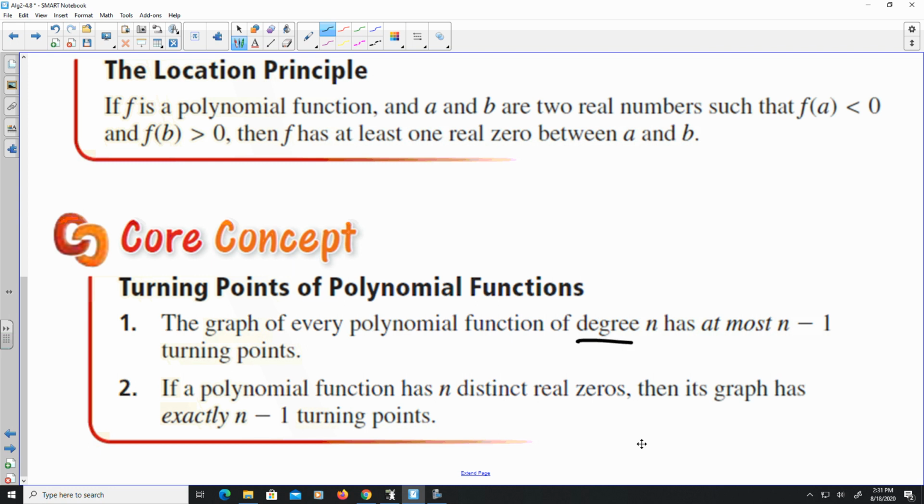Whatever that degree is, you're going to have at most n minus 1. So if you have a third degree polynomial, you're going to have at most 2 turning points. And if you notice that you have all real zeros, you will have exactly n minus 1 turning points.